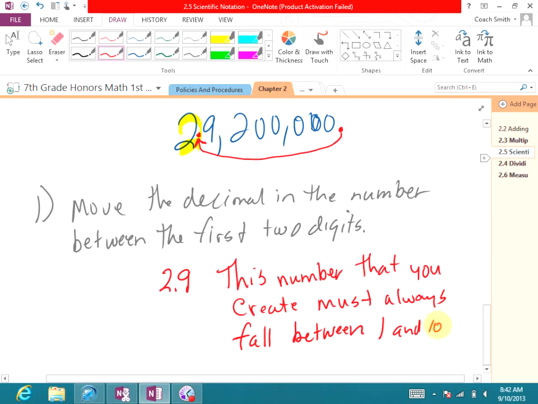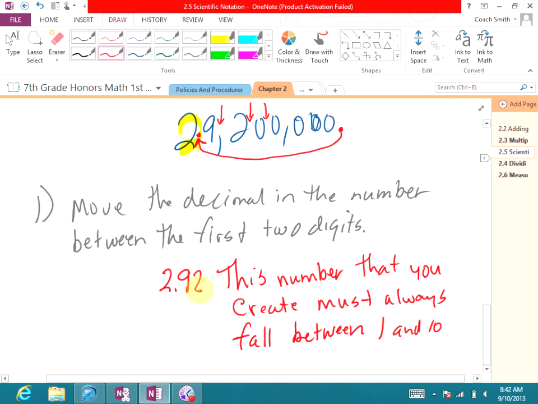In other words, I can't move the decimal to here, to there, any of those other numbers. Because if I do, the number's not going to be between 1 and 10. Okay? Joshua? Oh, yeah, thank you. Yes, it should be. I forgot I had another 2 there. Should be that right there.